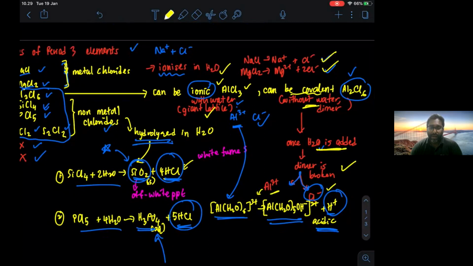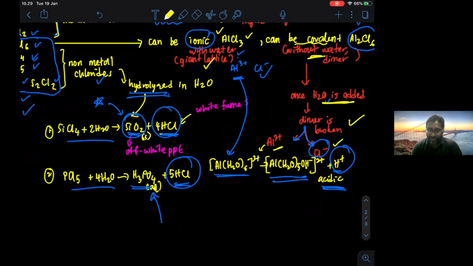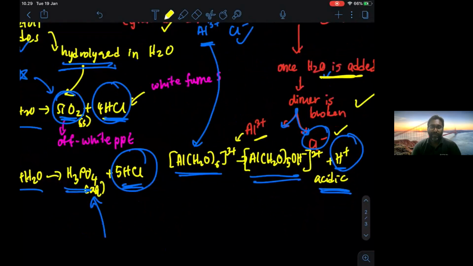Once you get that, it will immediately form bonds with water. It gives you Al(H2O)6 3+, they exist in this form, and they are going to hydrolyze to give you H+, forming this structure.